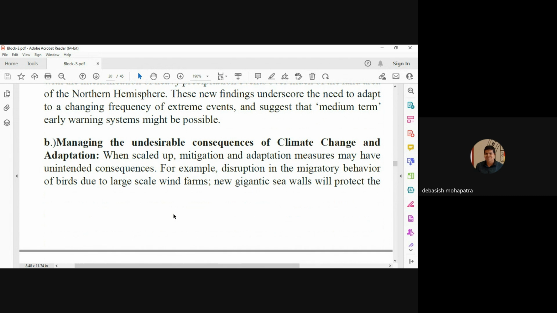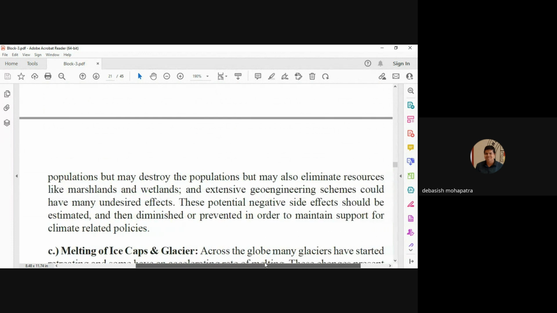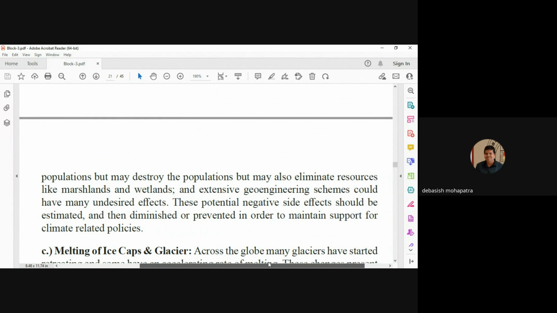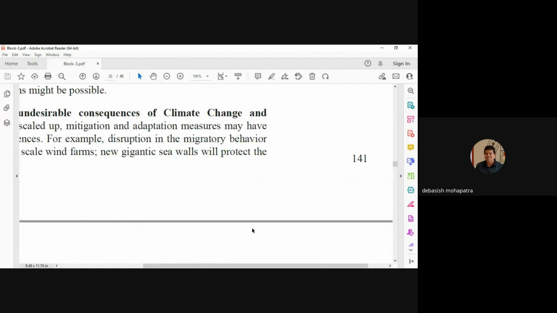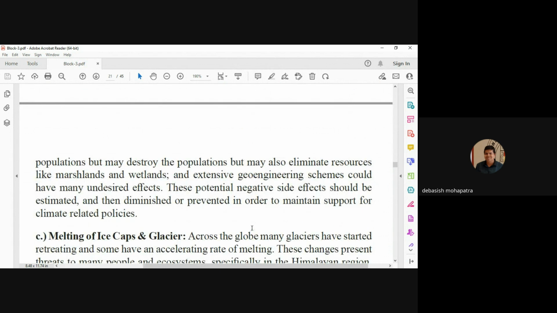New gigantic sea walls will protect the population but may also eliminate resources like marshland and wetland, and extensive geoengineering schemes could have many undesired effects. These potential negative side effects should be minimized or prevented in order to maintain support for climate policies.